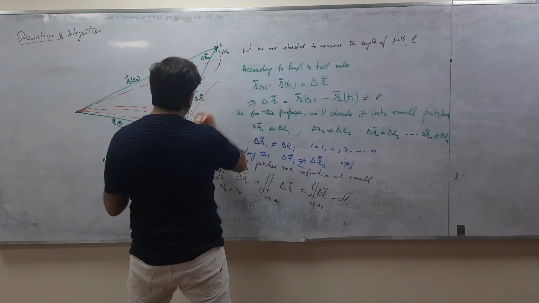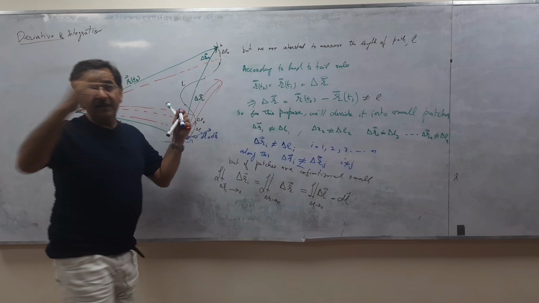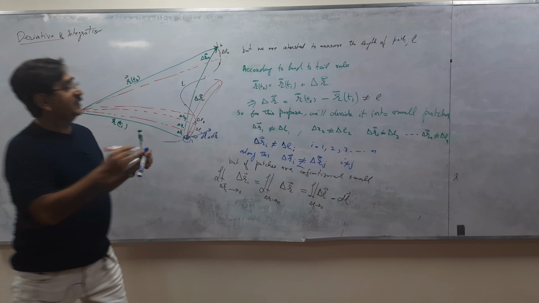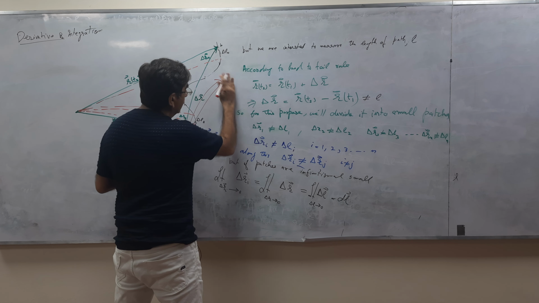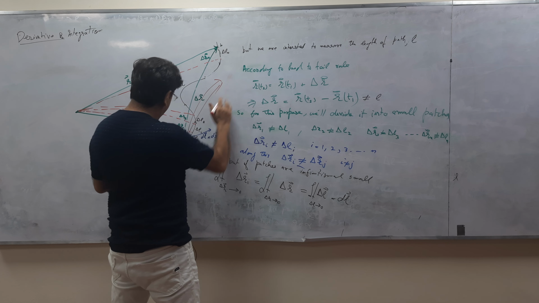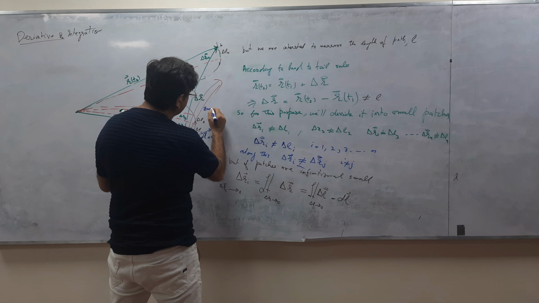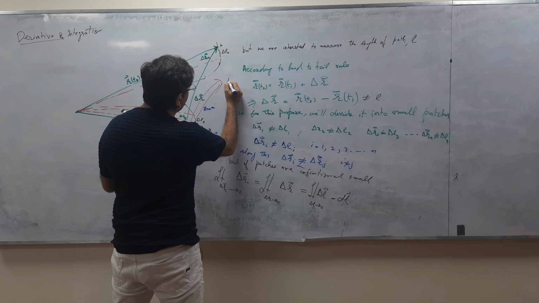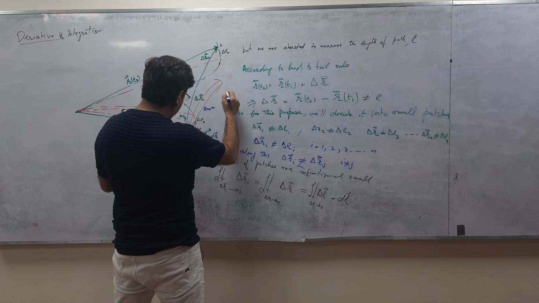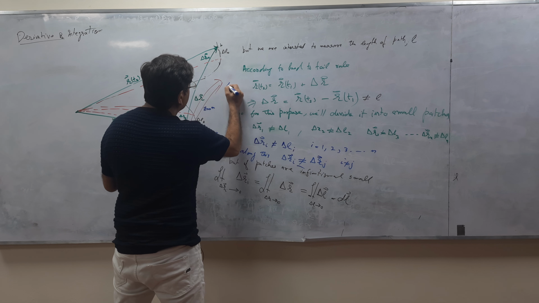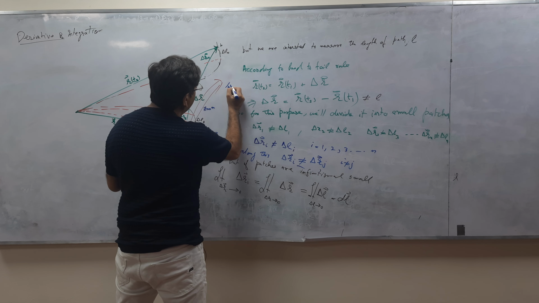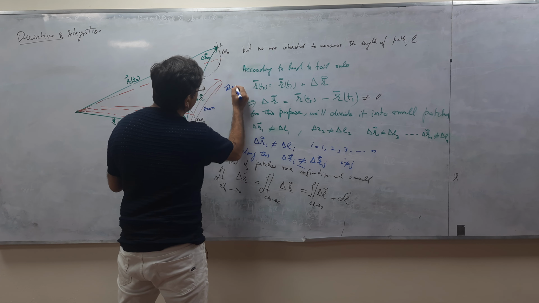If I zoom it, I am zooming, this will be delta r, sorry, this will be a dl, and this will be a dr.